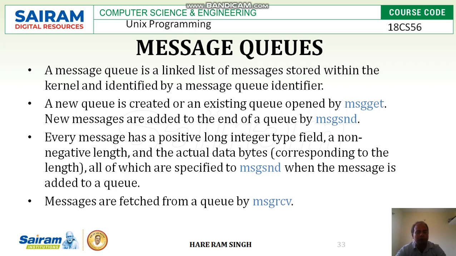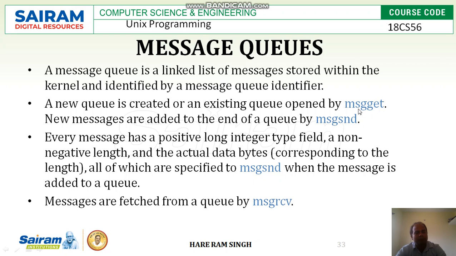So three fields will be there, all of which are specified by msgsnd. So using msgsnd, we can specify each part when the message is added to a queue. Now messages are fetched from a queue by msgrcv. So using the msgrcv function, we can fetch the messages from the message queue.